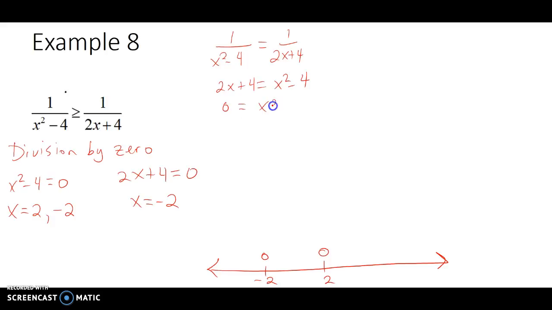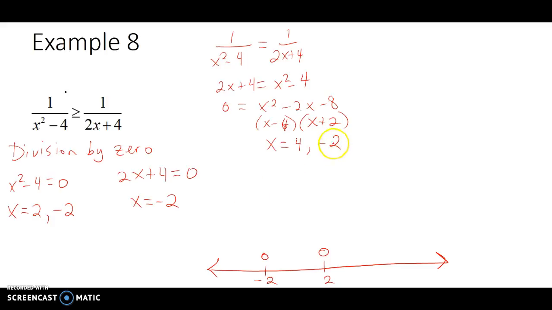See, that'll factor into x minus 4 and x plus 2. There we go. So it'll give me x equals 4 and negative 2.